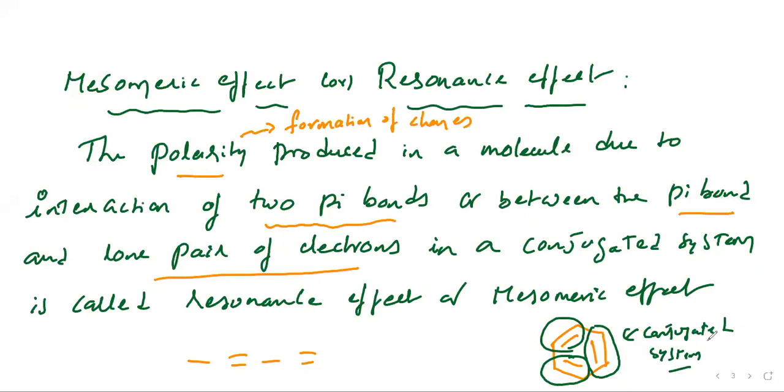Polarity means formation of positive and negative charges. So when two pi bonds interact, the polarity is formed. Understood? Conjugate system means, for example, benzene.